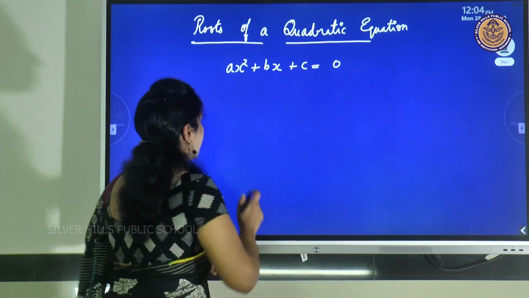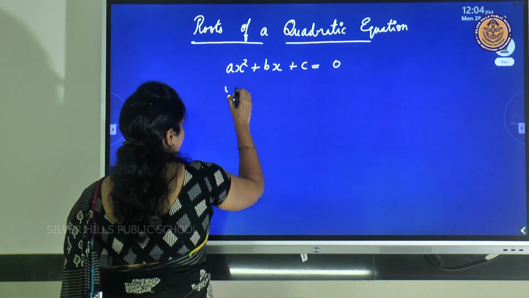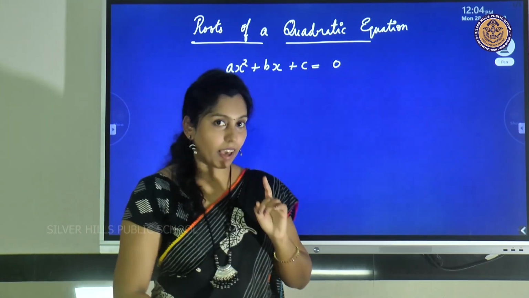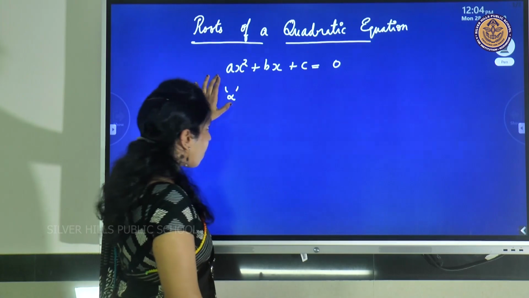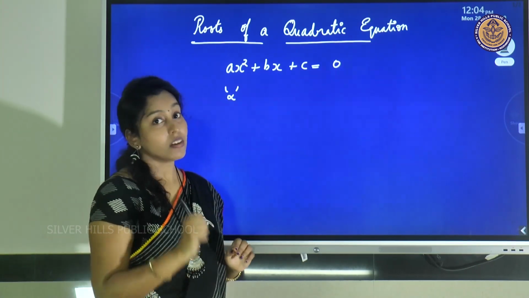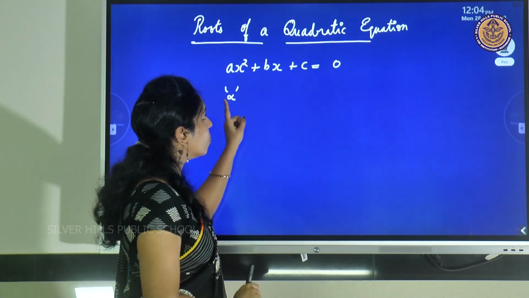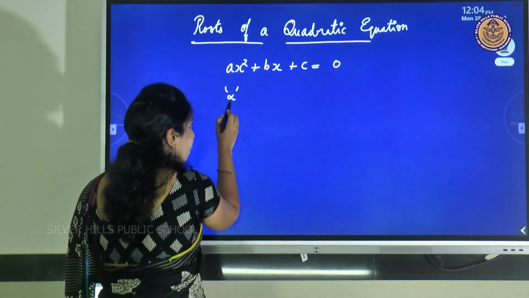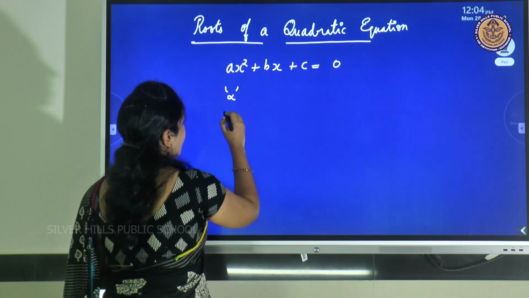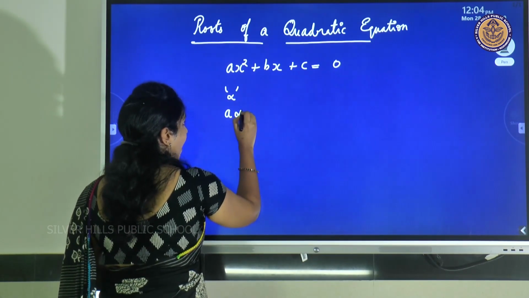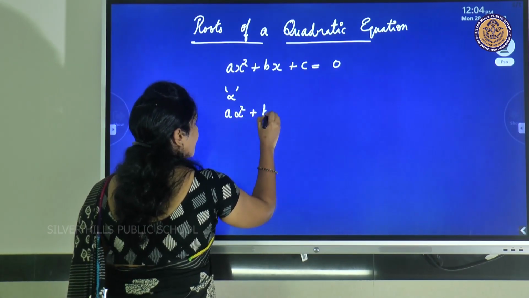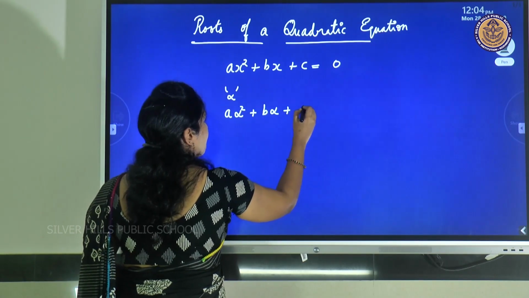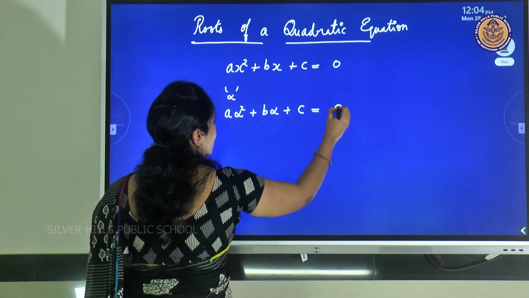Any real number alpha satisfying this equation is said to be a root of a quadratic equation. Meaning, if alpha is a root of a quadratic equation, a alpha square plus b alpha plus c is equal to 0.